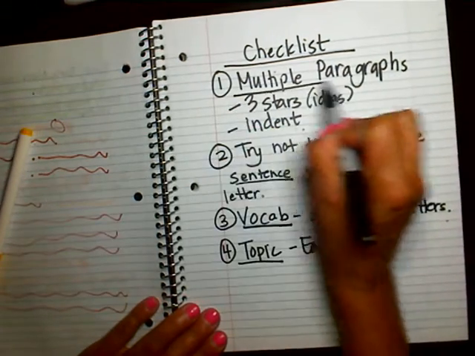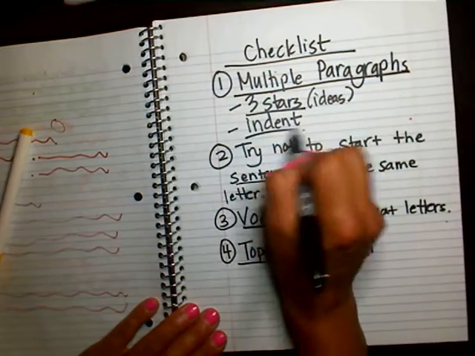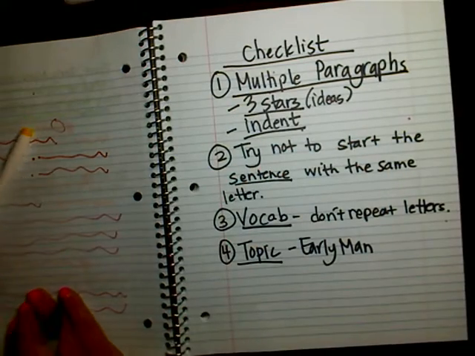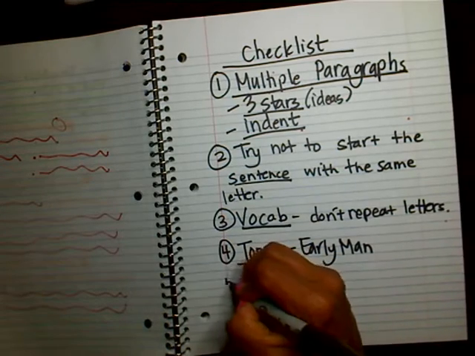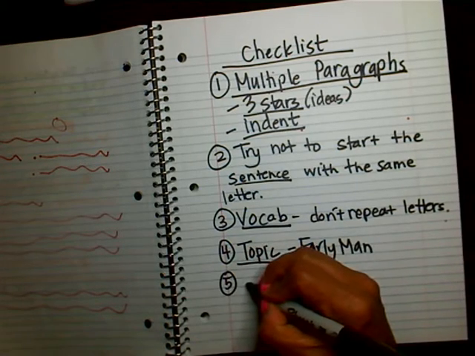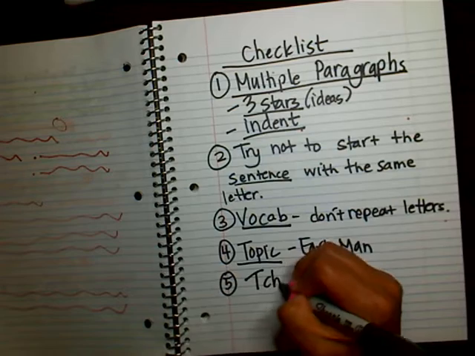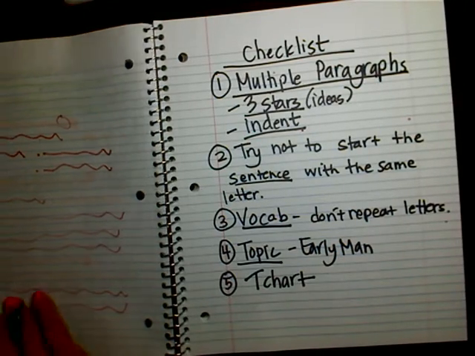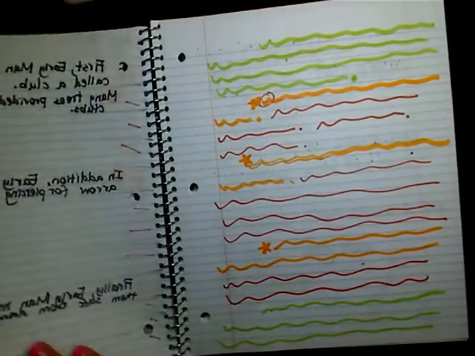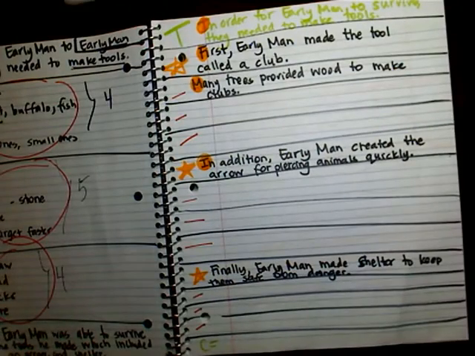We're going to use multiple paragraphs, 3 stars and indenting. Okay, let me think about anything else that I can say. Most importantly, you have to start with a plan. The plan is the most important. This will guide you through a beautiful essay.